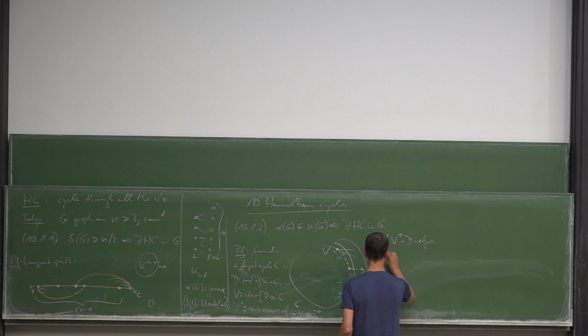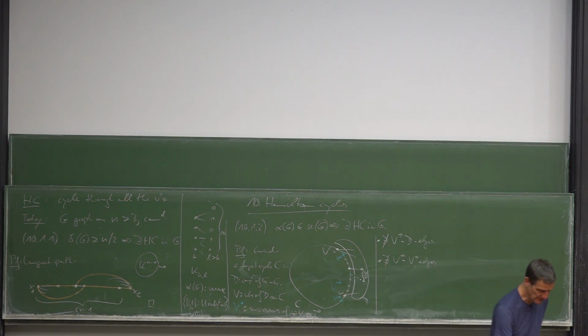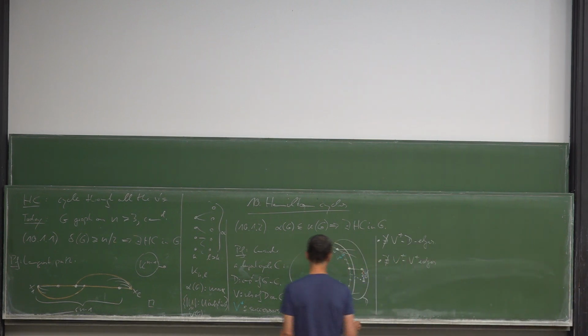And similarly, there are no edges between vertices of V plus. That's only a little more complicated. It's the same idea. Suppose there's an edge here.